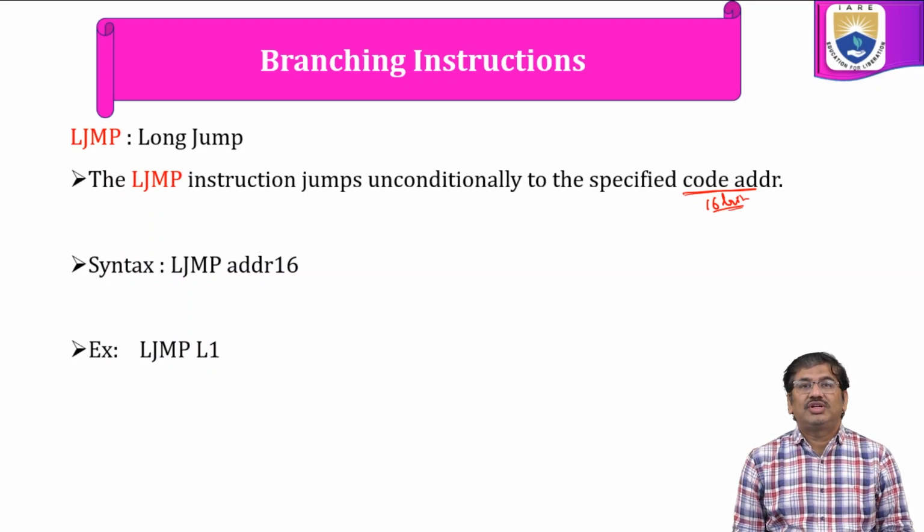The syntax of the instruction is LJMP, with an address of 16-bit size. Example, LJMP L1. So here also up to 2 to the power of 15 locations we can have, upward as well as downward. That is 32K upward, 32K downward, including 0.